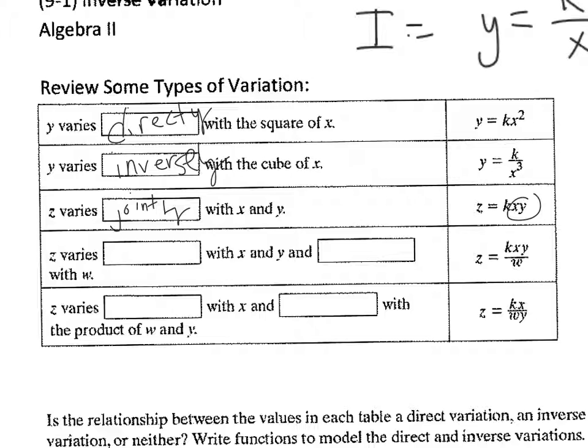So z has to vary jointly with x and y, or you could also write directly with x and y, and inversely with w. And then the last one, z varies directly with x and inversely with the product of w and y. So remember, product means multiply.